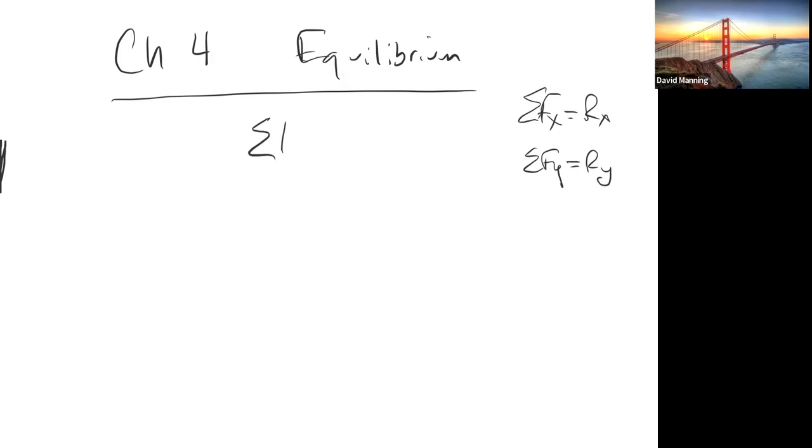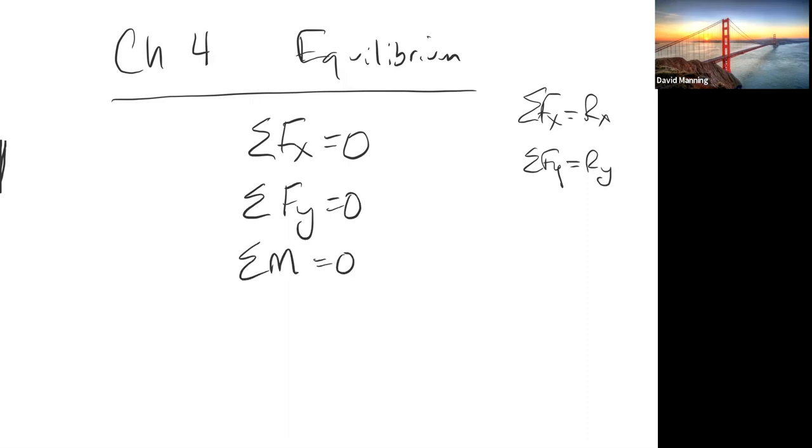equilibrium means three things are true. The sum of the forces in the x equals 0, the sum of the forces in the y equals 0, and the sum of the moments equals 0. Equilibrium means everything cancels out. So what we're going to be solving for in chapter 4 is the forces that cause equilibrium.